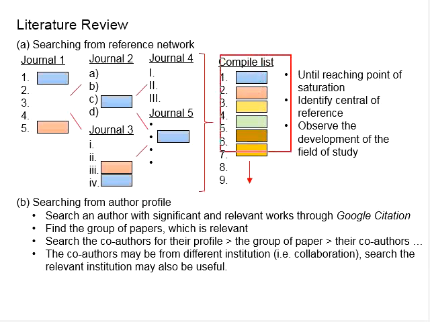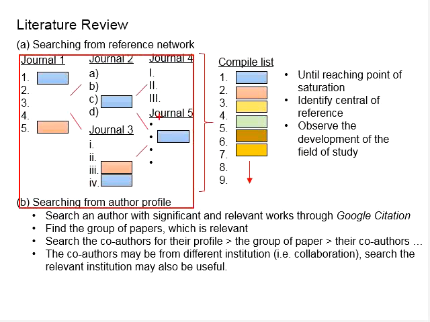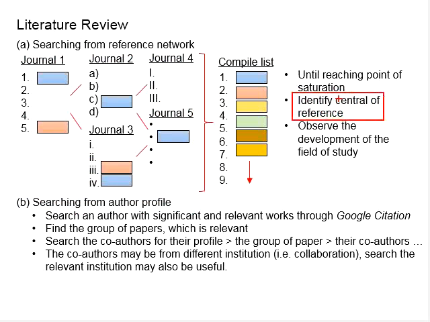Next, based on the compiled list here and observing from the web of the search, you can identify the center of reference. It means that there are several reference papers that are very popularly cited by most of the journal papers related to the field.